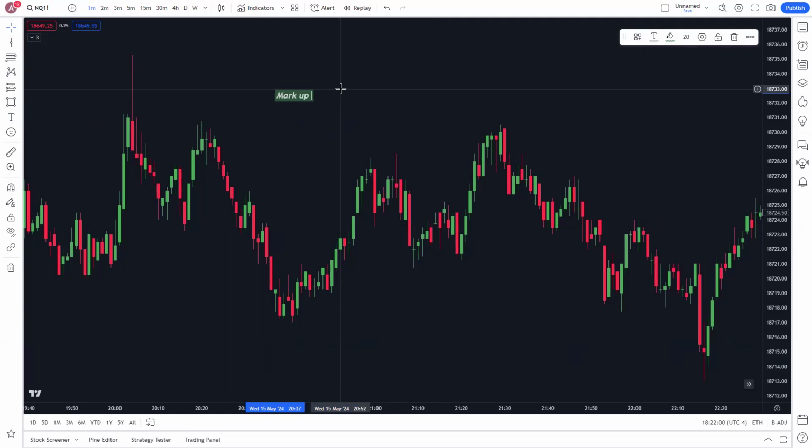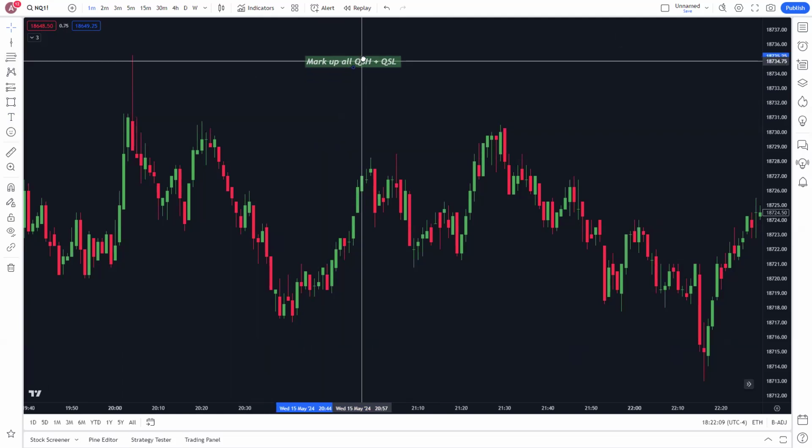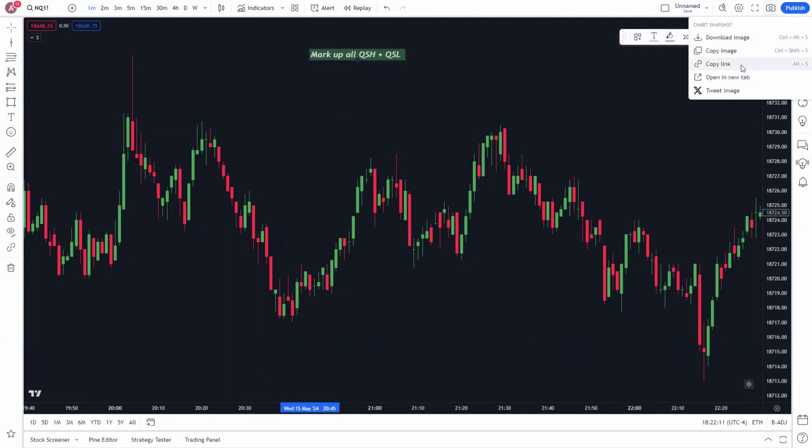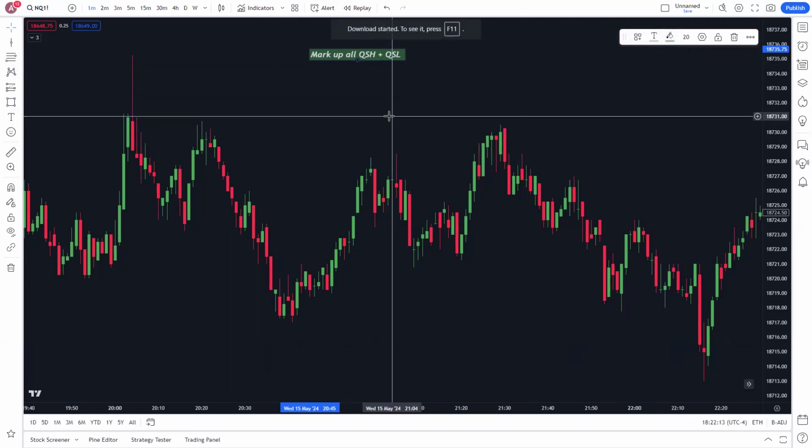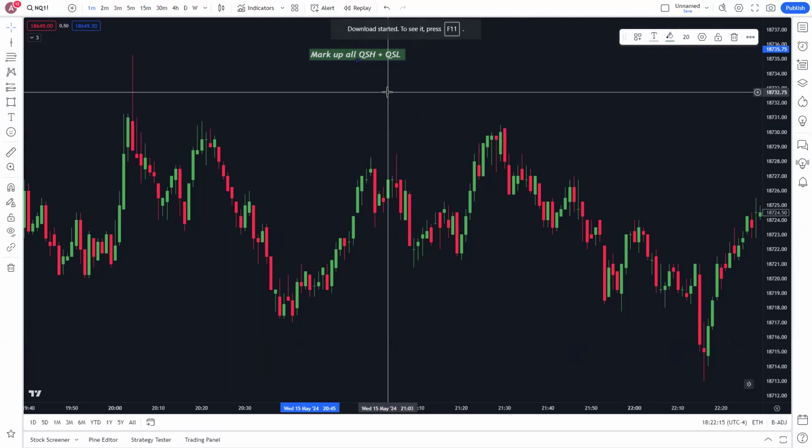You're going to mark up all QSH plus QSL in this image. I'm going to download this because it is going to be attached to this section or in the description of this section. So make sure to download that and then go to the homework and do that.